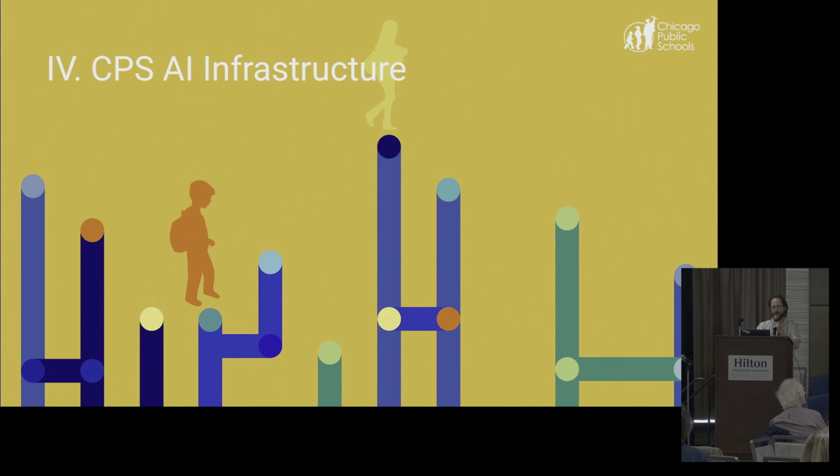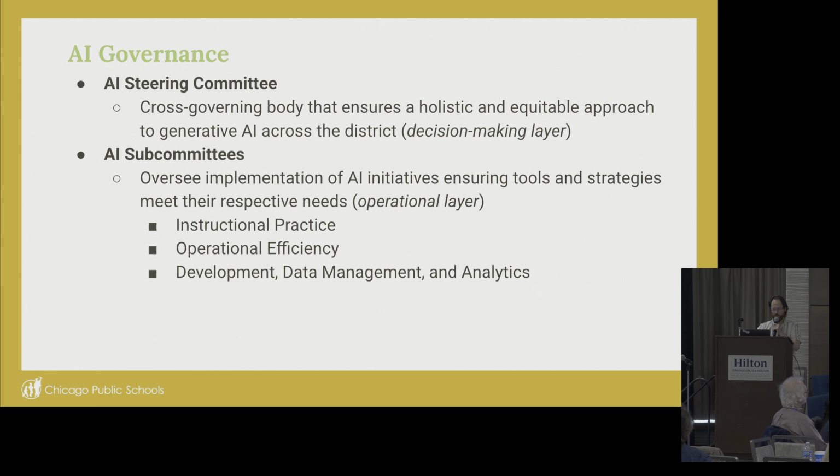I want to talk a little bit about the infrastructure that we have set up in the school district that allows for some of this work to happen and to go on. So we have an AI governance system where we have a steering committee and then 3 subcommittees that fall under that. How many folks are familiar with the K-12 education space, or maybe even higher ed? So you may be familiar that we've got a lot of silos.